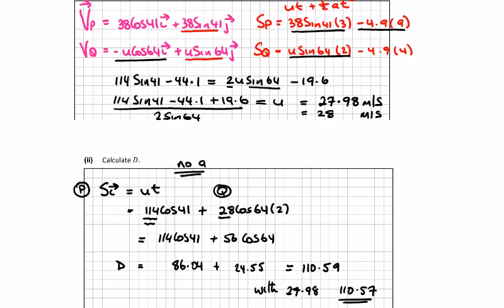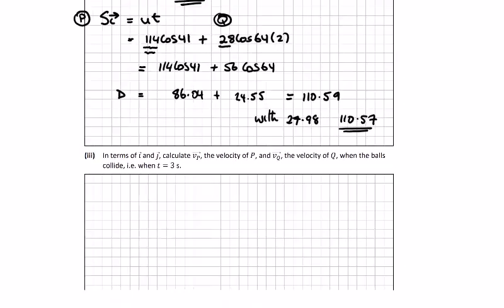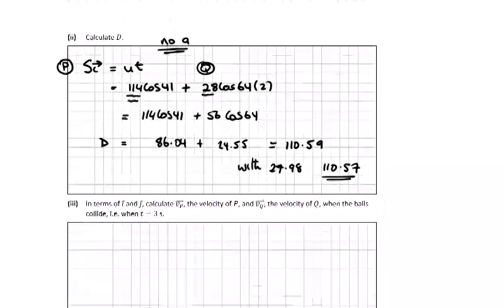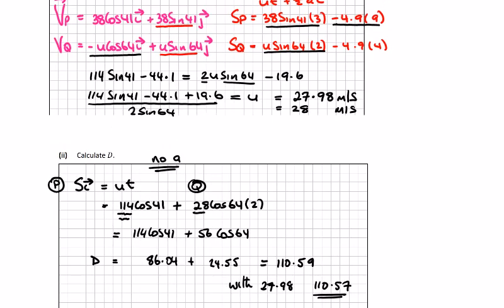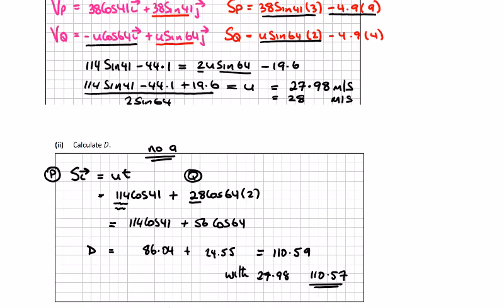You do. On to part 3, which is in terms of I and j, calculate the velocity of p and velocity of q when the balls collide. So we want the velocities when t is equal to 3. Okay, so let's go back up and get our information. Velocity is u plus at.